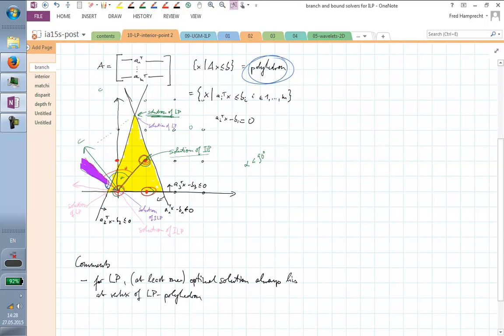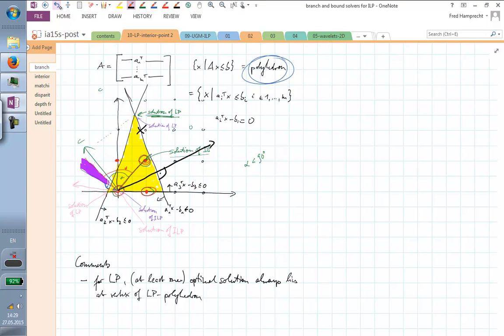I've written at least one optimal solution because I can construct special cost vectors. Let's say if I'm using this reward vector here, then any point on this boundary of my polyhedron is equally good, including the vertices. So in this case, all these solutions are equally good, but they're not unique. So I have some degeneracy in my optimization problem.